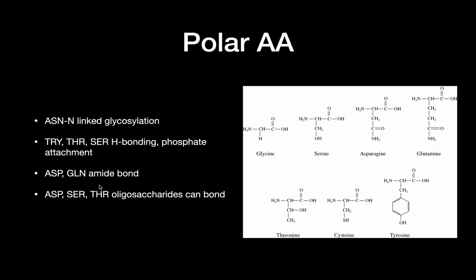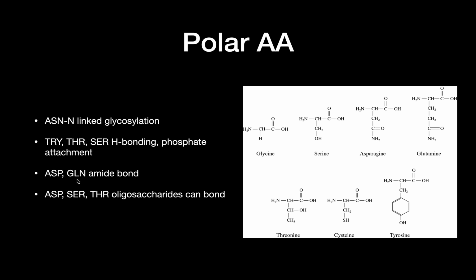Polar amino acids: asparagine will have the N-linked glycosylation, so a nitrogen linkage, and tyrosine, threonine, and serine are involved in H bonding, and it allows phosphate groups to attach.